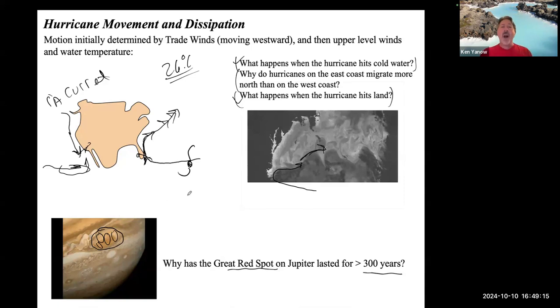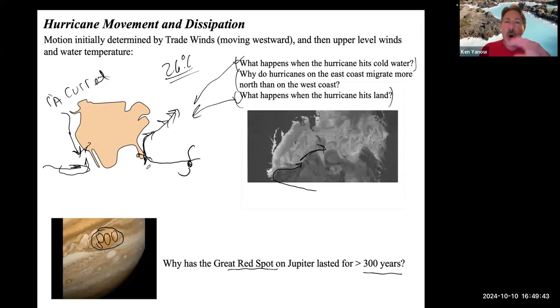So with this in mind, and knowing what creates the dissipation of a hurricane on Earth, can you use some comparative planetology to tell me a little bit about Jupiter? And the answer is yeah, you actually can. Now, please don't tell me that Jupiter has land or Jupiter has water. Those are all assumptions that are too far. But what you can do is say, you know what?